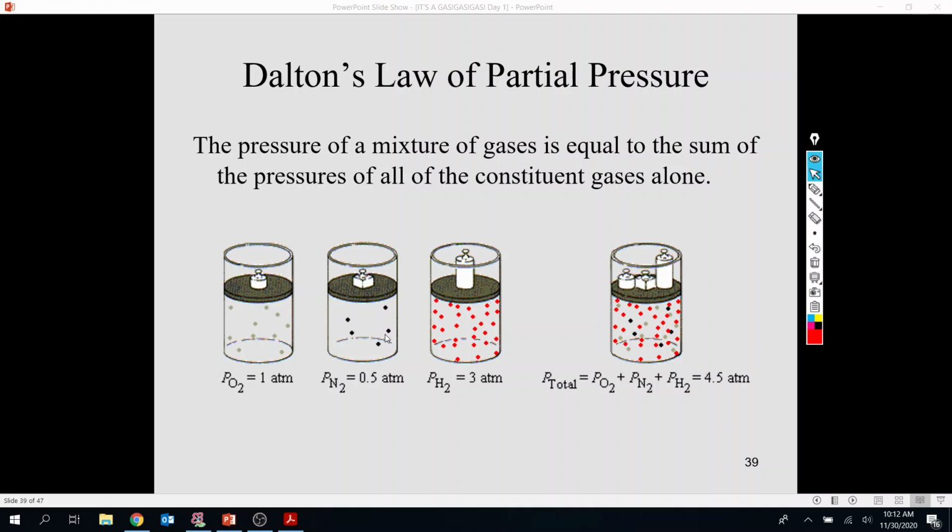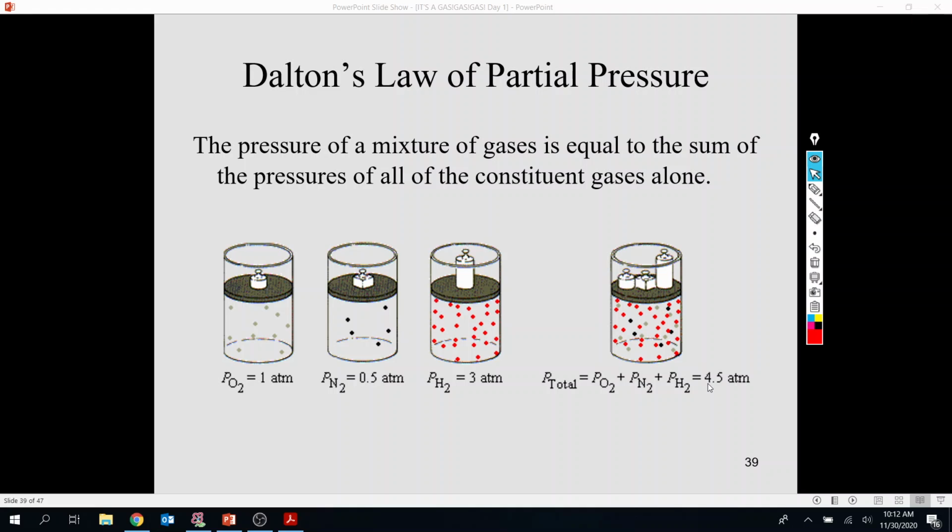And so sure enough, if we have some oxygen that's under 1 atmosphere of pressure, some nitrogen that's under a half atmosphere of pressure, and some hydrogen that's under 3 atmospheres of pressure, and we combine those all in the same volume container, remember changing the volume would change the pressure, then the total pressure would just be the sum of all of those added up, and that would be 1 plus 0.5 plus 3, and that totals up to 4.5 atmospheres.